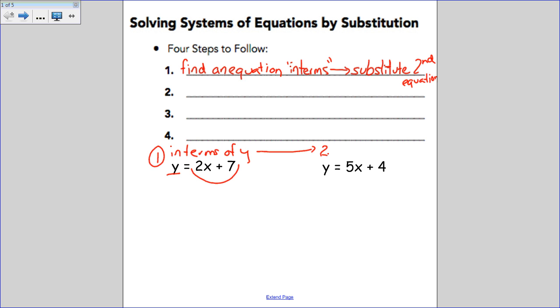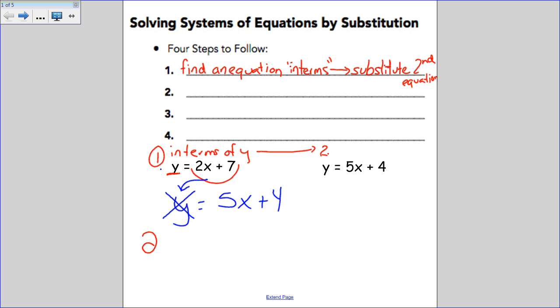Here's what I mean when I say substitute into your second equation. If you look at our first one here, we have y equals 2x plus 7. In my second equation, which is y equals 5x plus 4, instead of saying y equals, I can say 2x plus 7 equals, because I already know that y is the same as 2x plus 7. So instead of writing y, I only have one variable that I'm solving for.